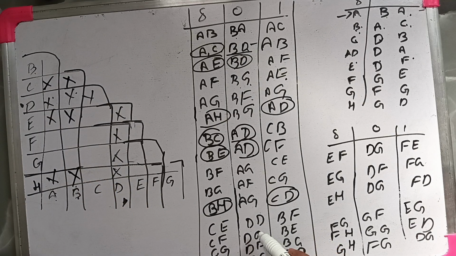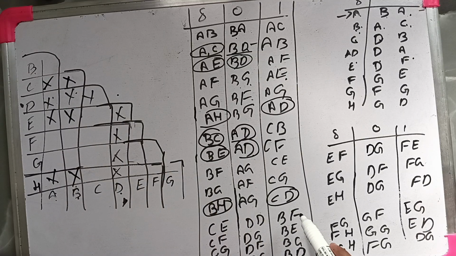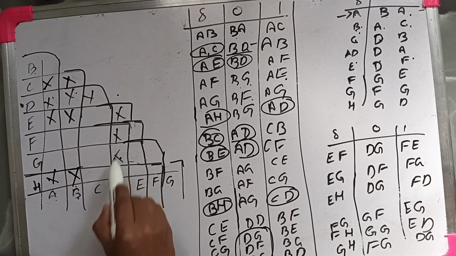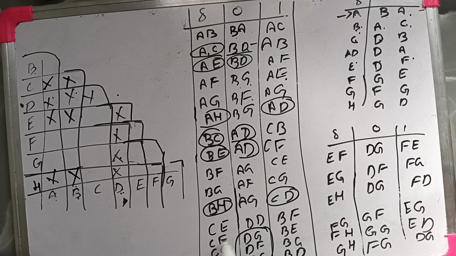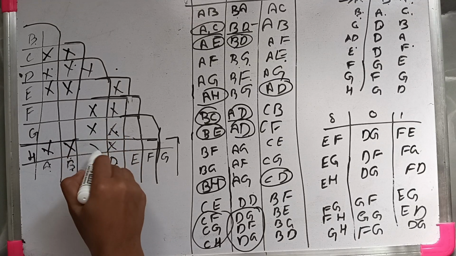After that, here it has DD, so there is no D here, so after that DG, DF, DG, okay. Mark everything, CF, CG, CH.